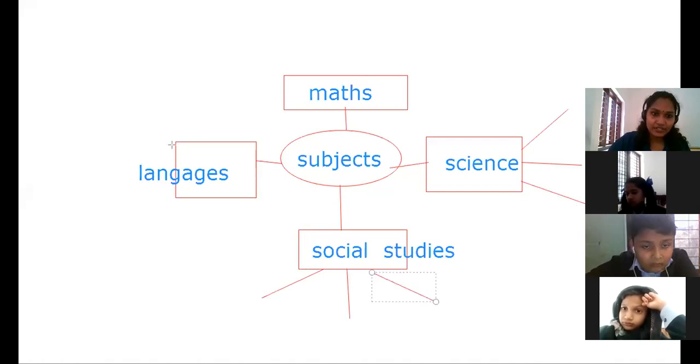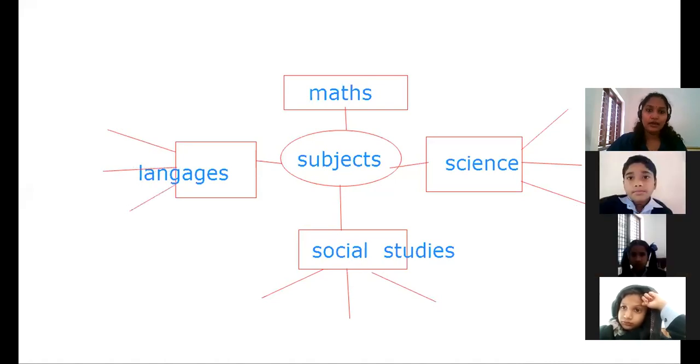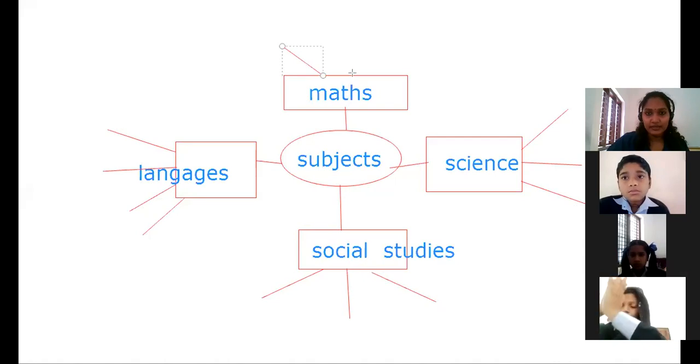For languages, we have Hindi, English, Malayalam, Arabic. In maths, we have algebra and geometry.